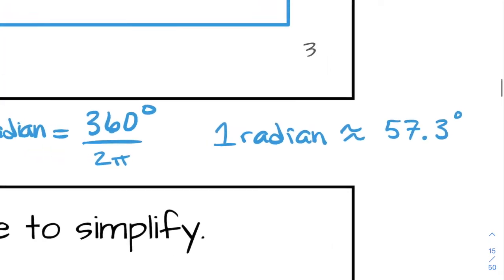It's approximately 57.3 degrees. And that's what 1 radian measure is.